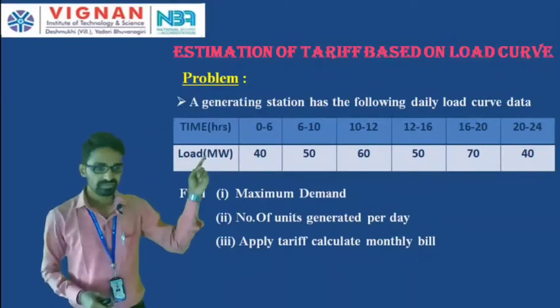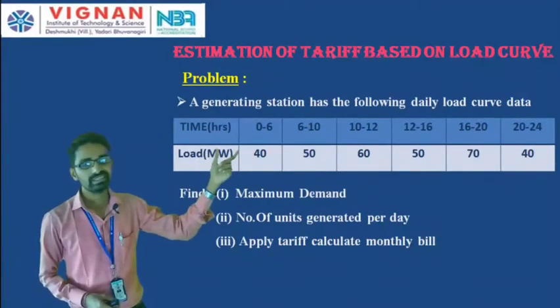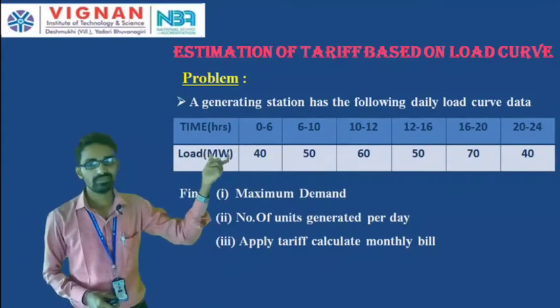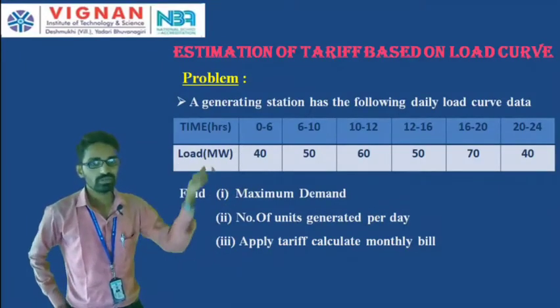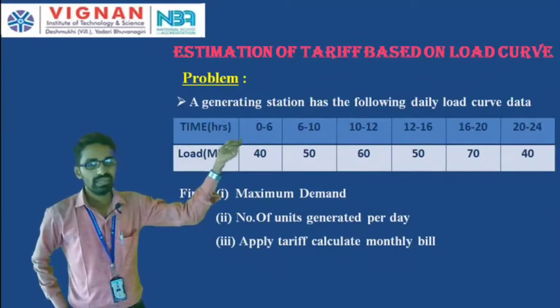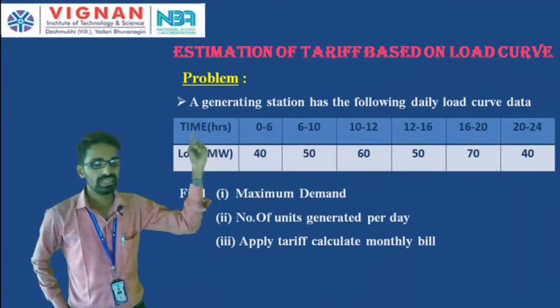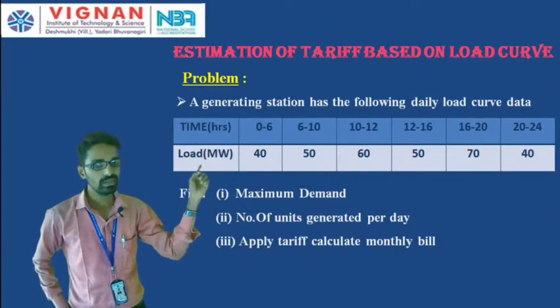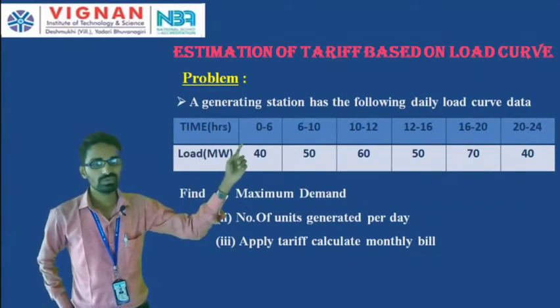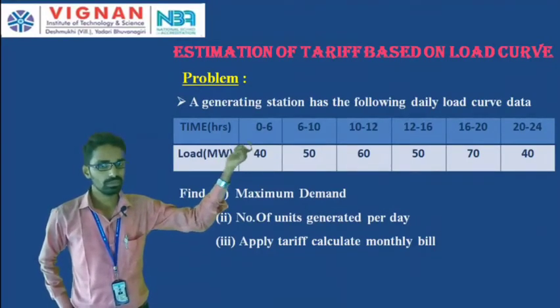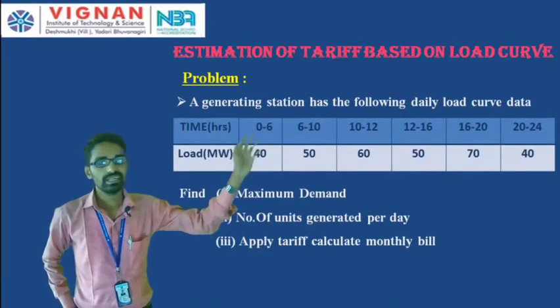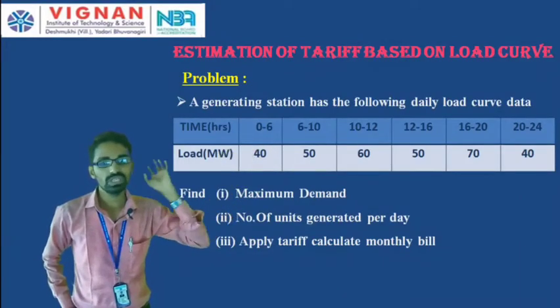Here you have a generating station. That generating station has the following daily load curve data. The time is given in hours and the load in megawatts. Here 0 to 6 means night, 12 o'clock to 6 o'clock in the morning, and then 6 to 10, then 10 to 12, and so on up to 24 hours.